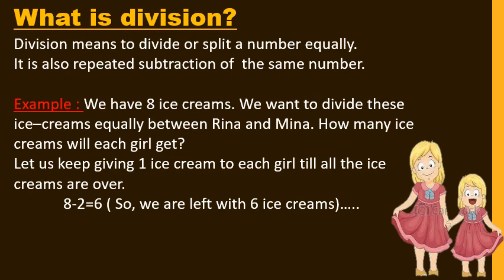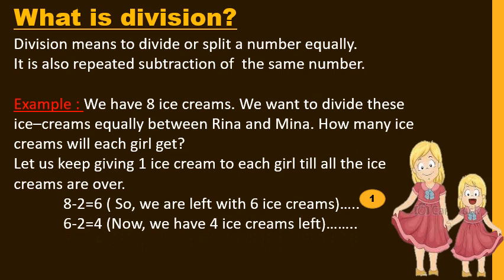So we are left with 6 ice creams, right? Now again we are going to give 2 ice creams from this. So 6 minus 2 gives us 4. And now we have 4 ice creams left. Okay?